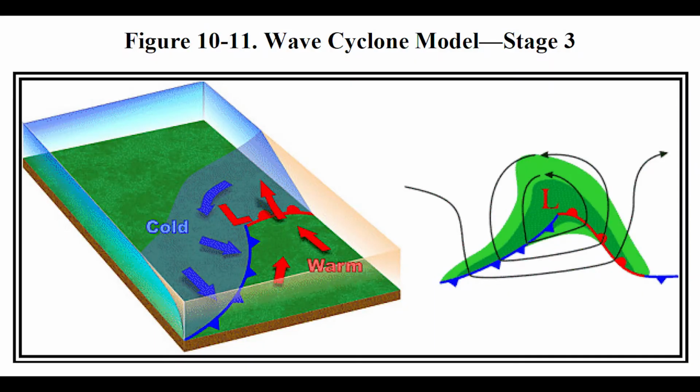So in figure 10-11 here, you see that cold front coming down from the top left, or from the northwest, displacing the warmer, wetter air to the south. But also as the low rotates, you get the warmer, moister air with a warm front coming up to the north and east and displacing the cooler air in that direction.